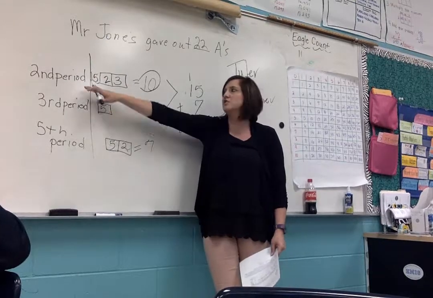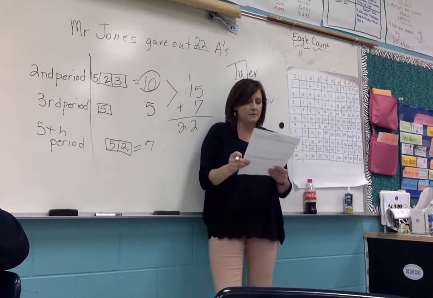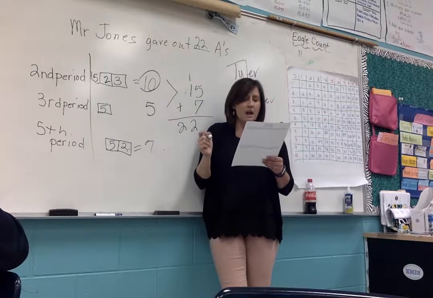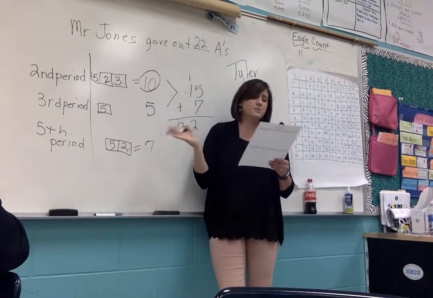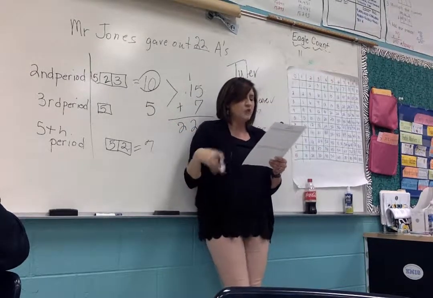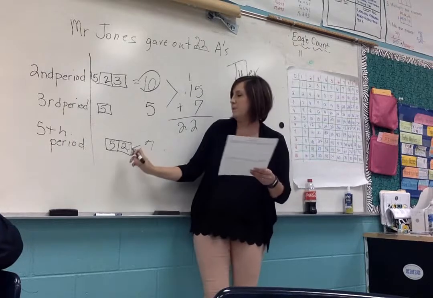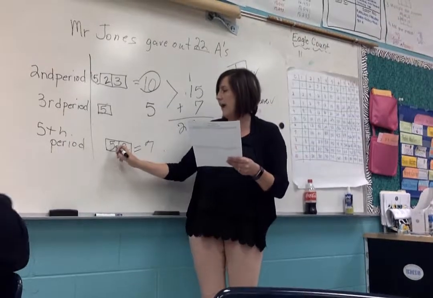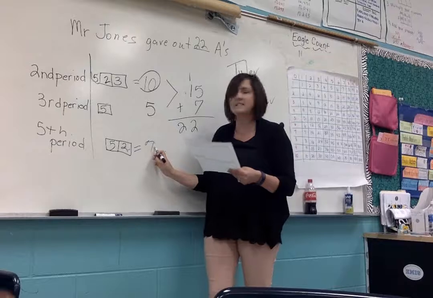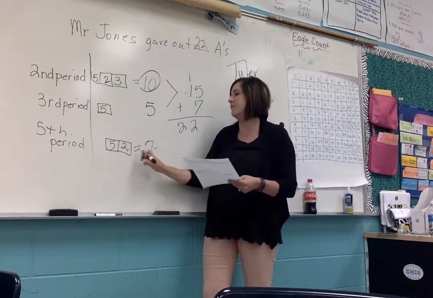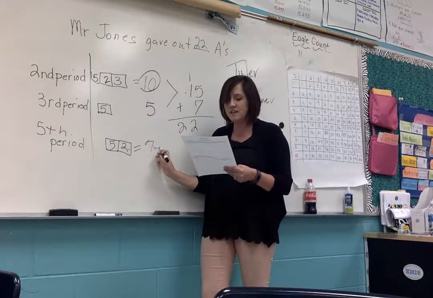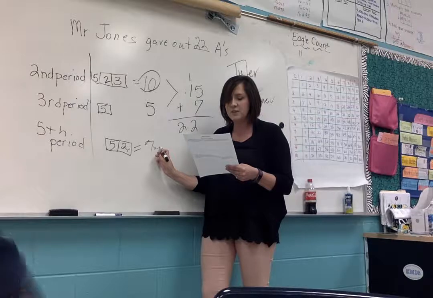Then we remembered when we went back, please follow along just to make sure that you followed this whole thing. She went through it fast, which is okay. So then I'm going to start over again. Okay, he gave out 2 more A's in 5th period than he did 3rd period. So that question mark right there is how we got the 5 there. You guys see that? Okay.